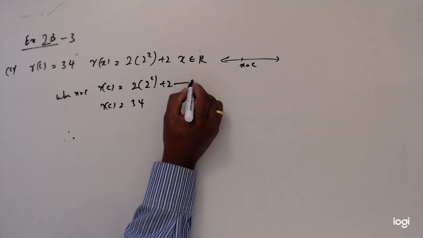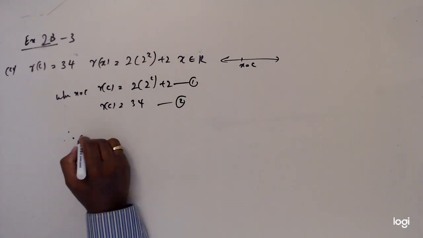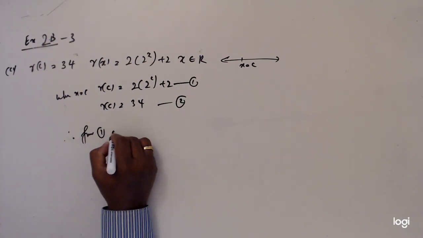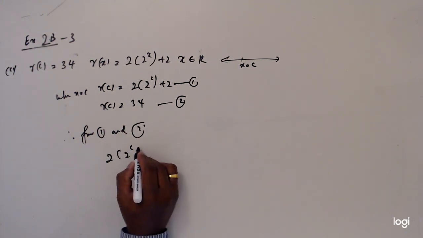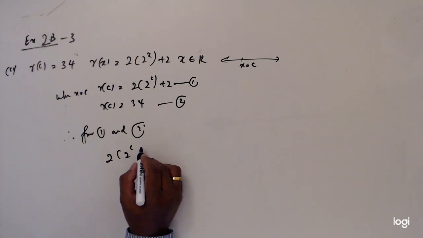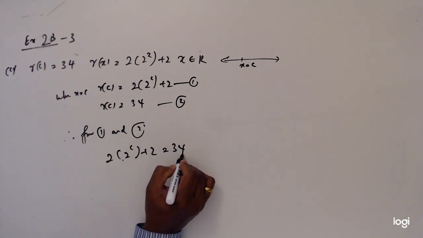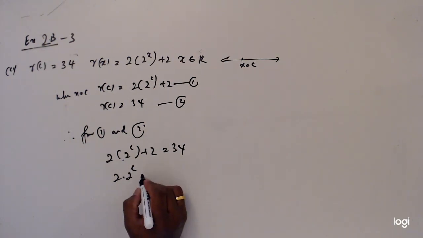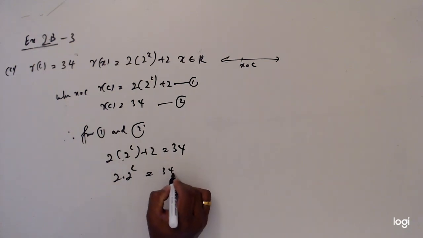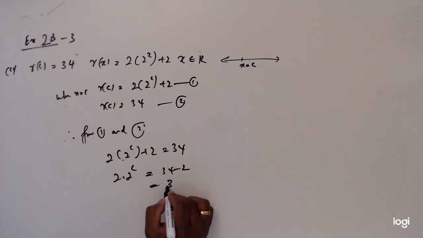Hence from 1 and 2, 2 to the power c plus 2 equals 34. So 2 to the power c equals 34 minus 2, that is 32.